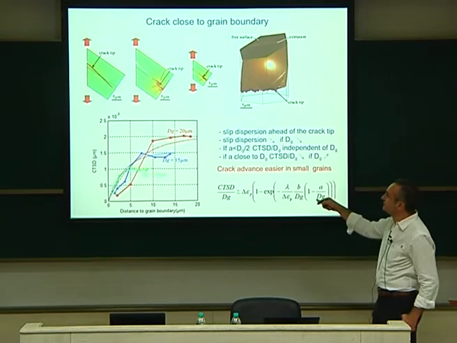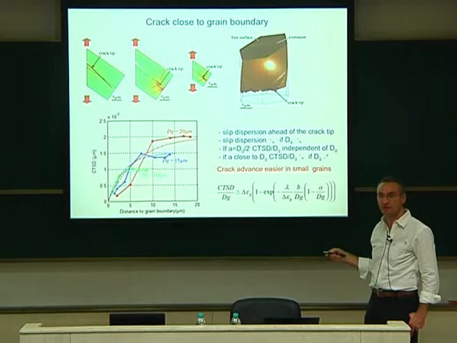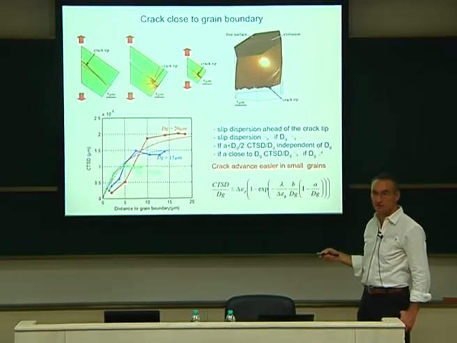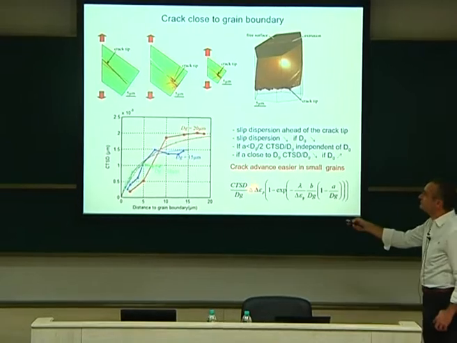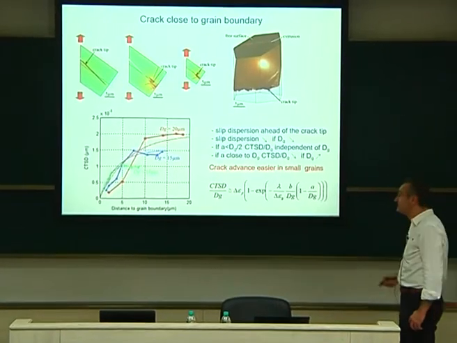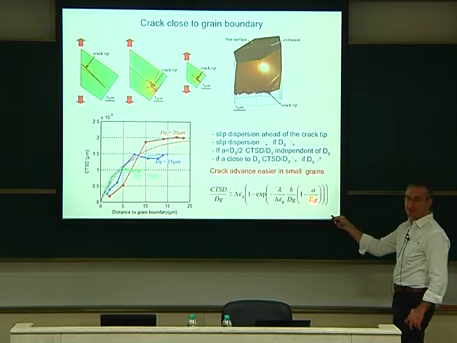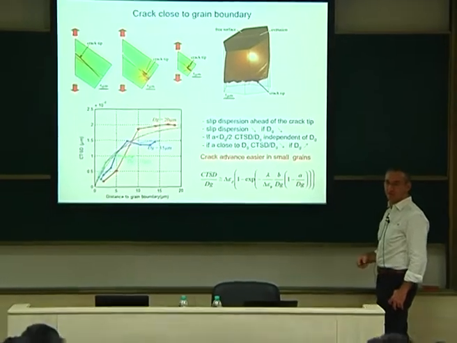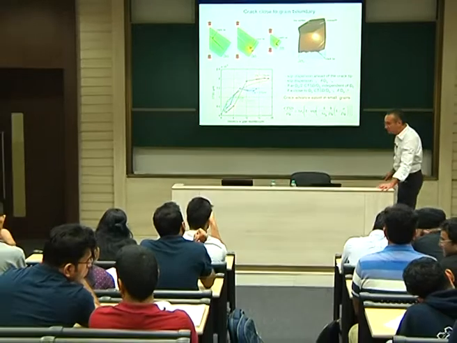Yes, that's true, but the grain is small, so the velocity at which the crack will reach the grain boundary is faster. Actually, if you normalize your crack tip slip displacement by the grain size, it follows such a law, and here you will see that it is faster for the smaller grain than for the bigger grain. Oh, previous slide, yeah.